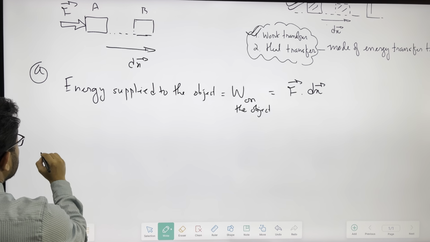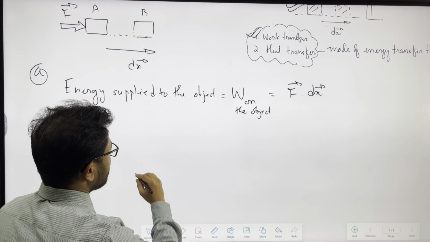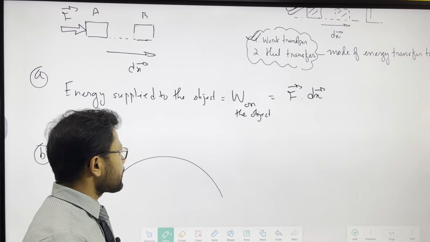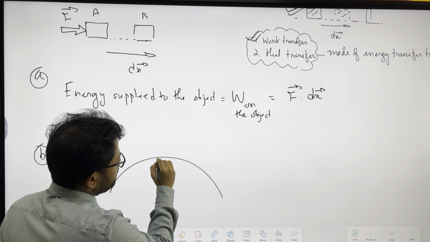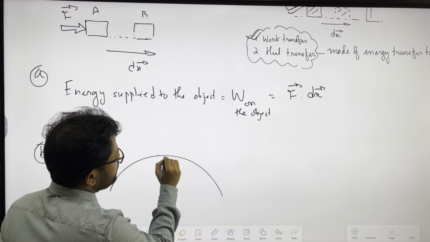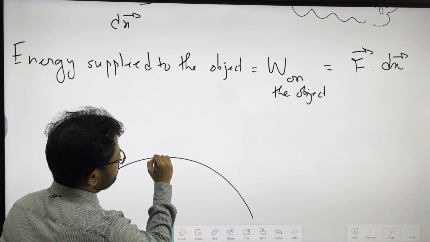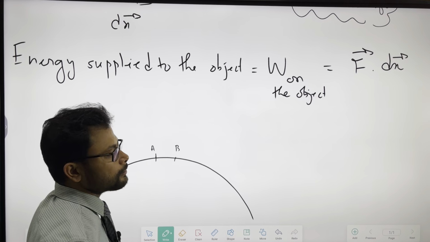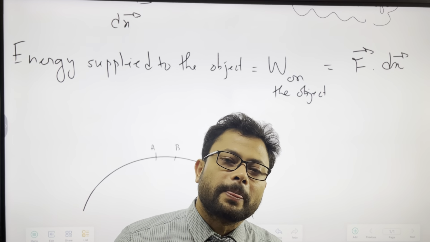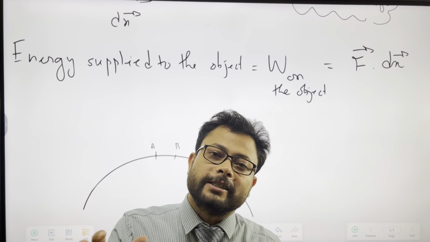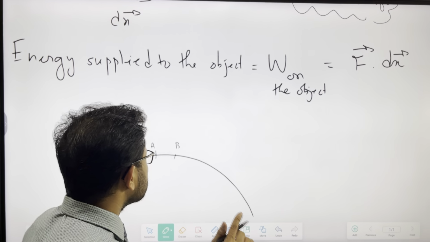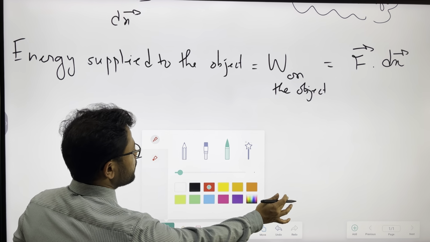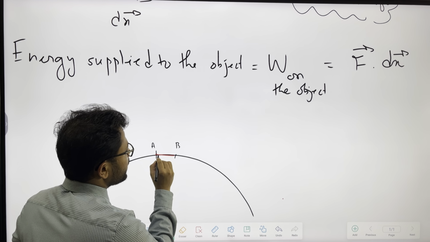Now we know that if we think about a circle, and consider two points which are very close to each other, say A and B, then we can think that the separation between them is basically a straight line.